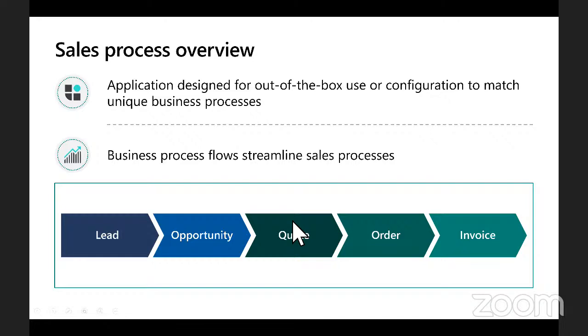In a Dynamics scenario, you will see something like this. The only difference is there will be little circles. It's called a business process flow. When we mention a business process flow, we're talking about how it's set up in Dynamics.